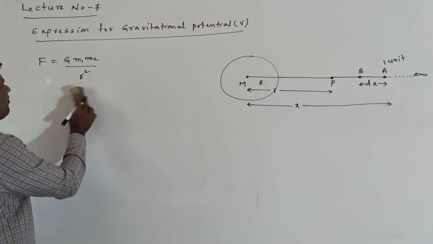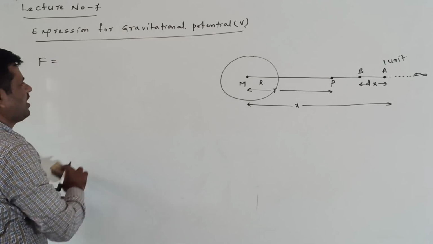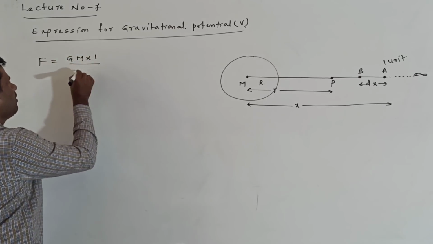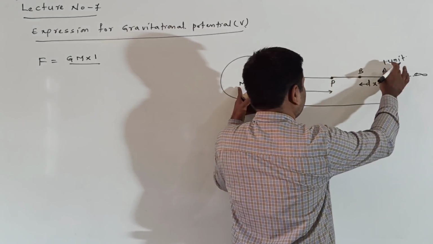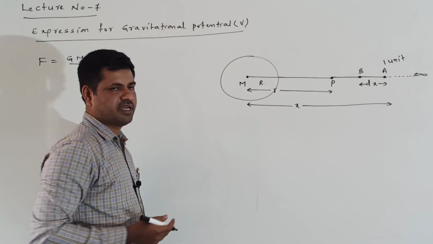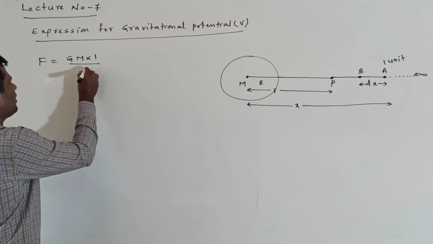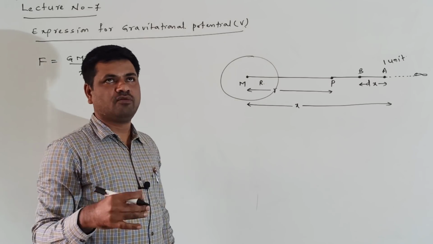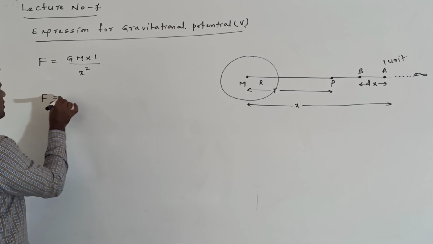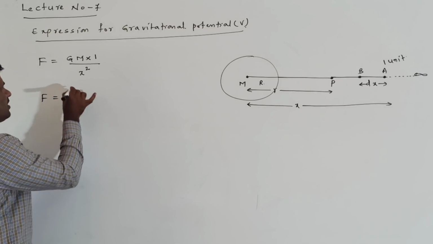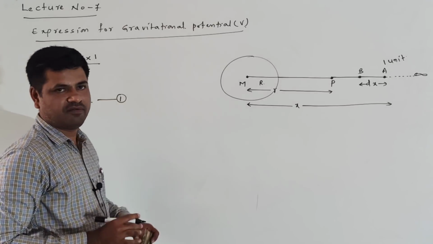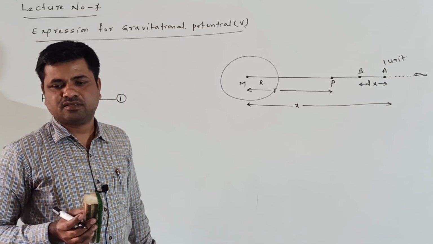So from this formula, the force can be written as G into M into 1 by x square, where x is the distance between the 1 unit mass and capital M. So force F is equal to GM into 1 by x square, which is GM by x square. This is the gravitational force of attraction between the earth and the unit mass.